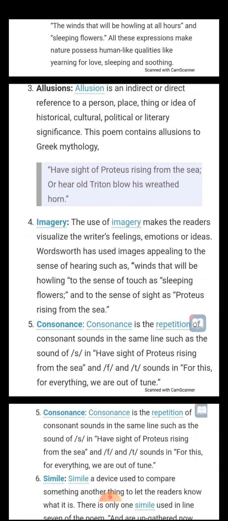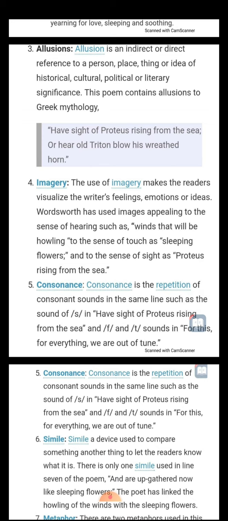Another device which is used is consonance. Consonance is the repetition of consonant sounds. When the same consonant sound is repeated more than one time, it is known as consonance. As in the line, have sight of Proteus rising from the sea, we see the repetition of the letters T and F in this particular line. So this is the example of consonance.